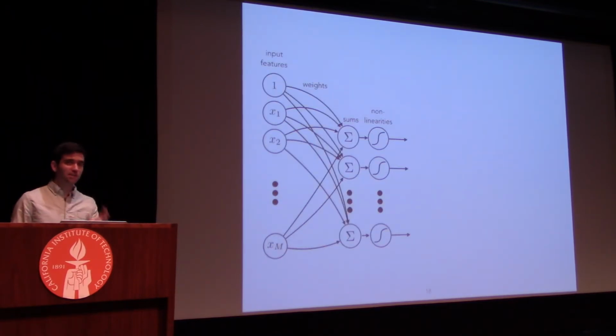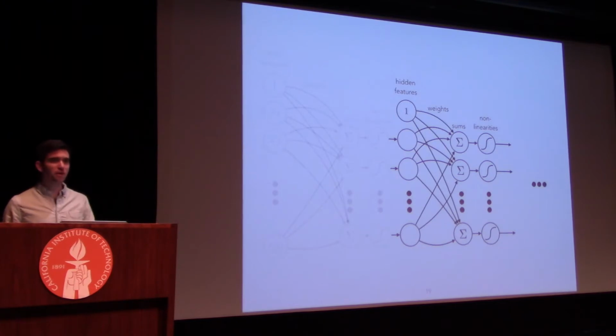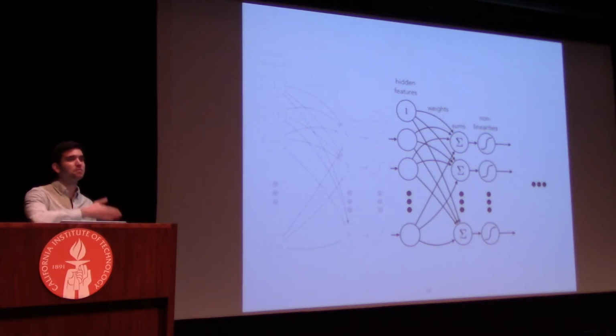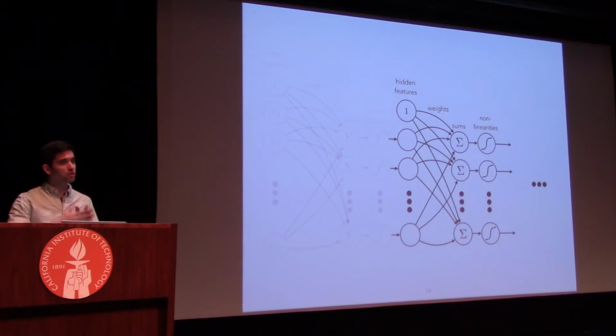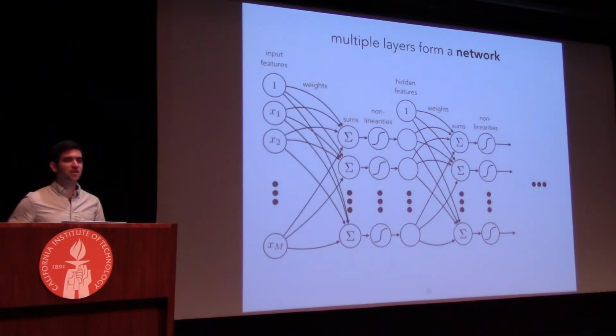So I've taken this layer here and I put another layer after it. Now the outputs of those nonlinear functions, of those nonlinearities, become the inputs of the next layer. And then I do a similar type of processing at this stage, and I can continue this indefinitely if I want to, and we call this a network, a neural network.